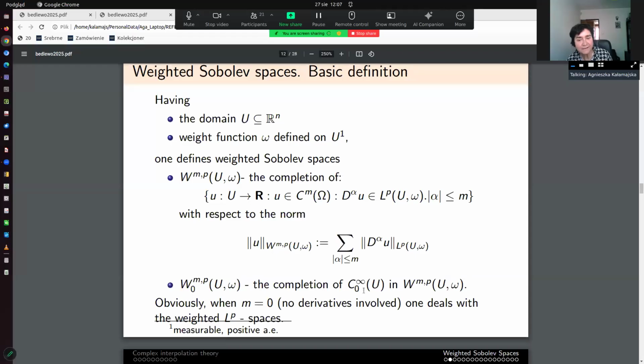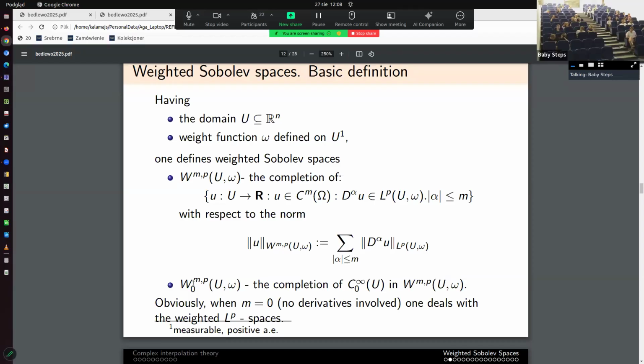Then if I take C_0 infinity, or C_0^m, functions of class C^m with compact support, and complete this space, I have the space which has 0 in the notation, W_0^{m,p}. And then coming to your question, if I understand this well, you ask, can it be, for example, that this is the same space?